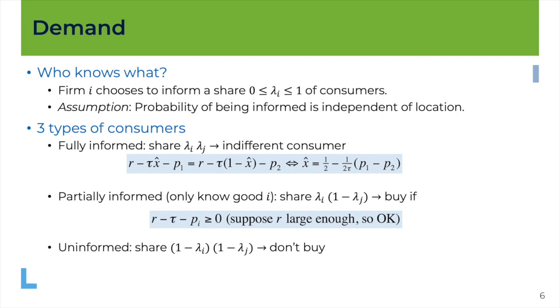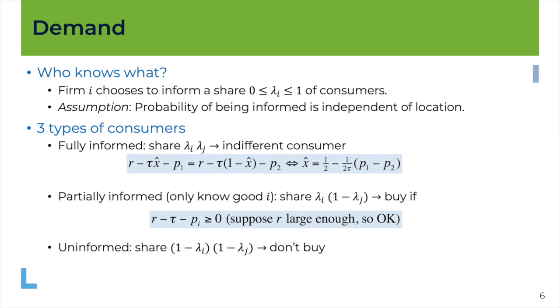The probability of being informed being independent of location means that the people who are hired to put the folders in the houses do it randomly. They don't choose houses; they put these 800 folders randomly in the 1,000 boxes.